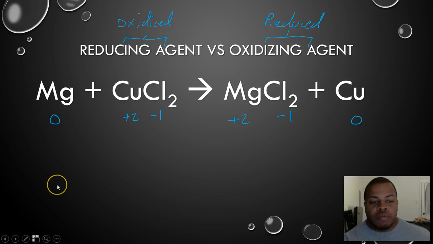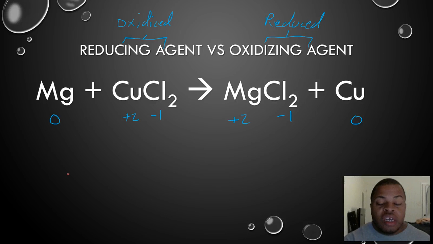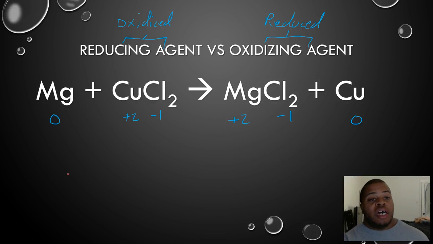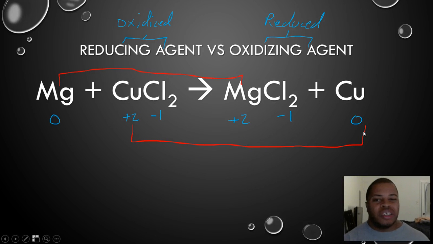So we need to focus on what two things. Let's change the color. Let's go back to my red for now. In terms of what was oxidized or what lost electrons, well, that will be our magnesium. So I'm going to draw the tie lines that go all the way over here. What gained electrons? That's going to be our copper, sorry. So in the case of what we're dealing with, the chlorine is sort of like a spectator.